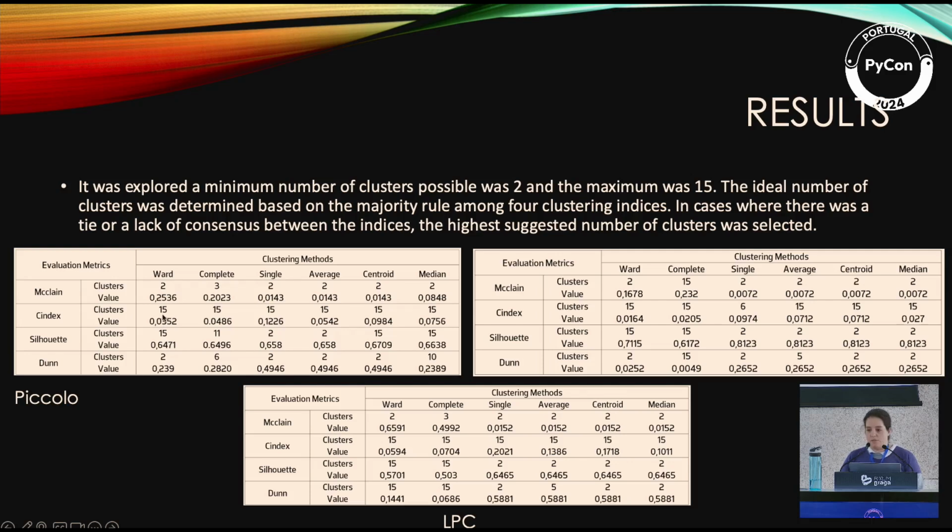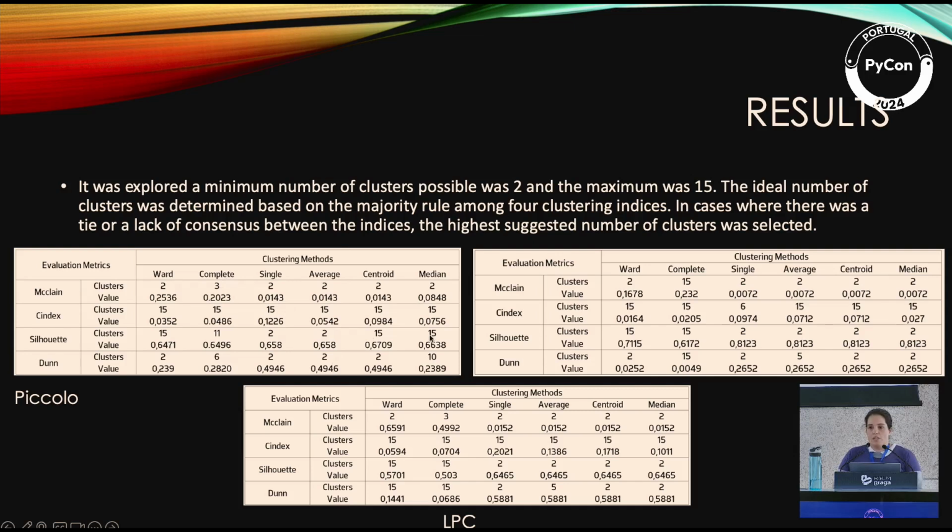Then for the C index would be 15, with the silhouette would be 15, and also with Dunn would be 2. What we do with this lot of numbers for every approach, we focus on each approach and select the majority of votes. If, for example, for the Ward and Piccolo distance, we would find 15 clusters, that is the best solution available for this approach. And then the complete, the single, the average, and so on.